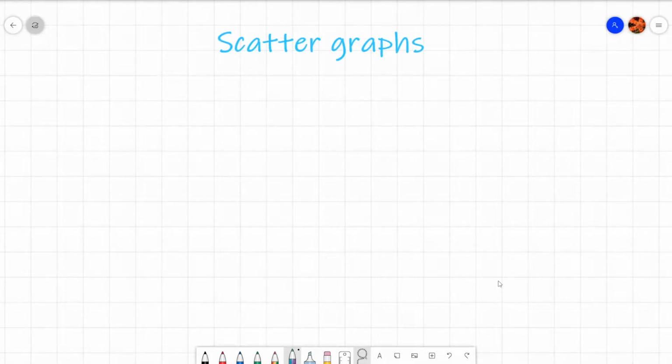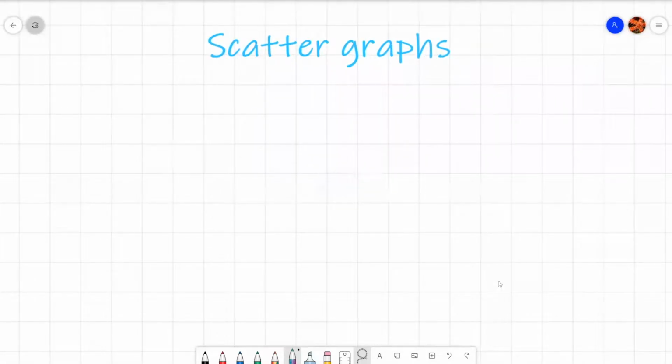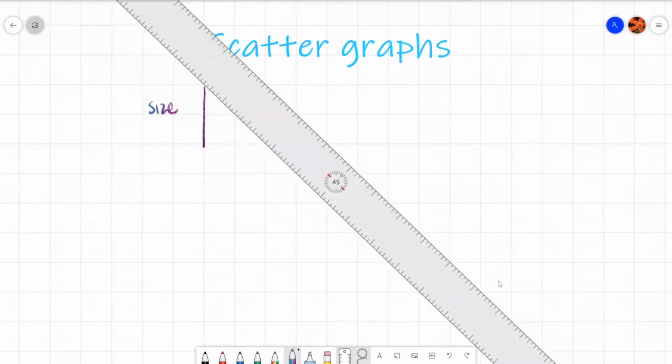So let's have a look at an example then. Let's say that in your form class, the teacher's asking you, what is your dad's shoe size? Okay, so we're just going to say size here, and let's have a little table.